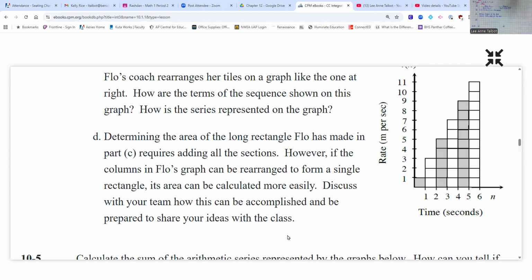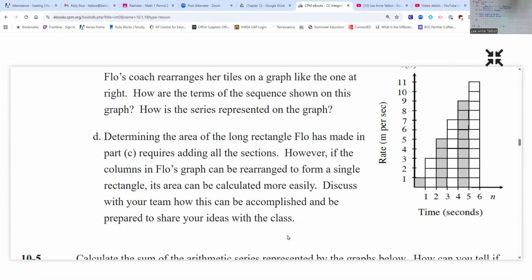Can you guys see that? Yeah. I'm gonna take these three bars, cut them off, flip them upside down and put them there. Okay, if I did that, what would the base of my rectangle be? 3. And what would the height of my rectangle be? 12. And what is 3 times 12? 36. Just like the series that we got earlier.